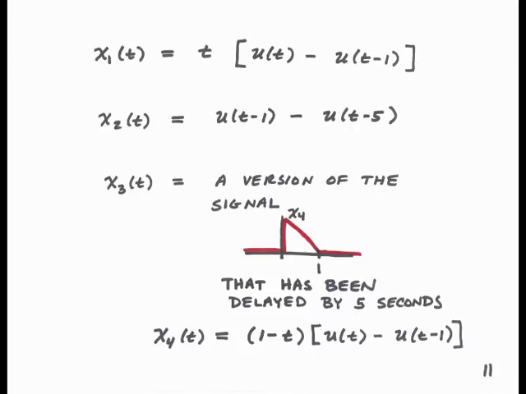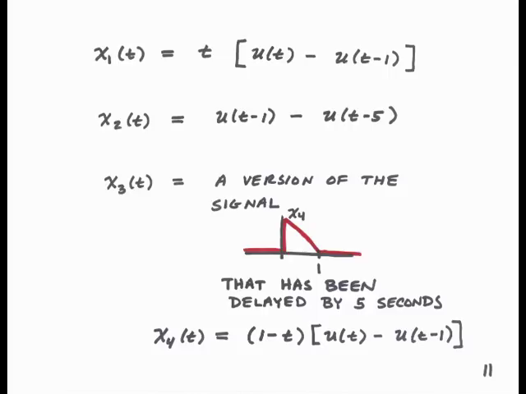We'll take advantage of the fact that u of t minus u of t minus 1 is a pulse signal that has value 1 between 0 and 1 second, and 0 before time 0, and 0 after time 1. So when we multiply that term in the square brackets by t, we'll get the triangular signal that is x1.